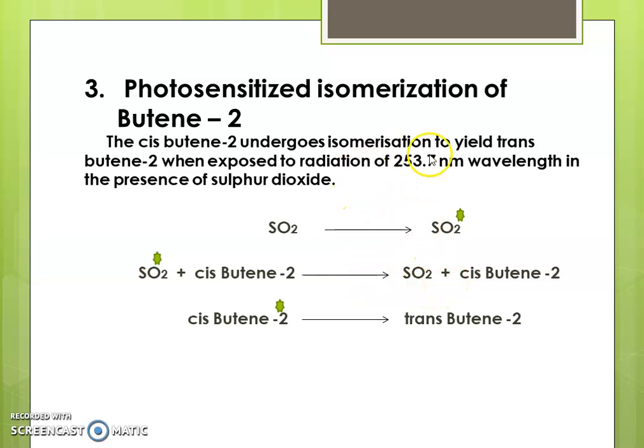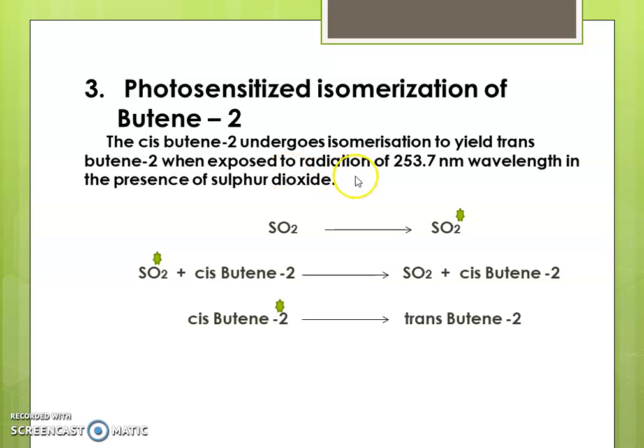Okay, upon irradiation of 253.7 nanometer wavelength of radiation. Okay, that is here SO2 is acting as a photosensitizer. The cis-2-butene undergoes isomerization to yield trans-2-butene when exposed to radiation of 253.7 nanometer wavelength in the presence of sulfur dioxide.